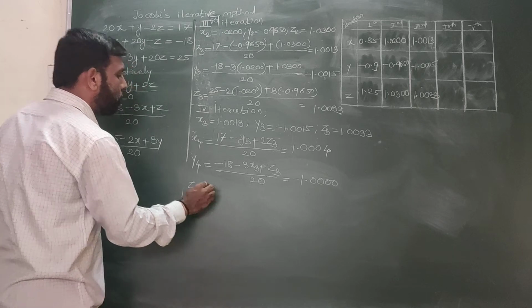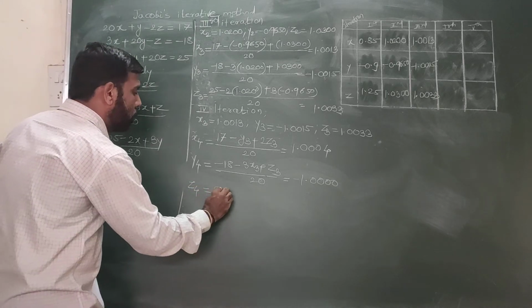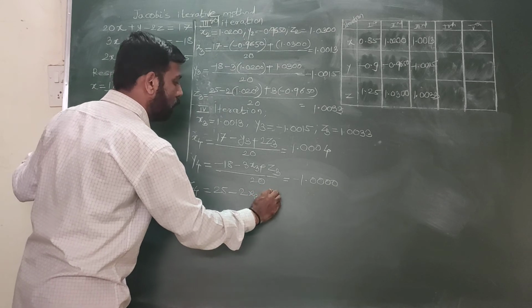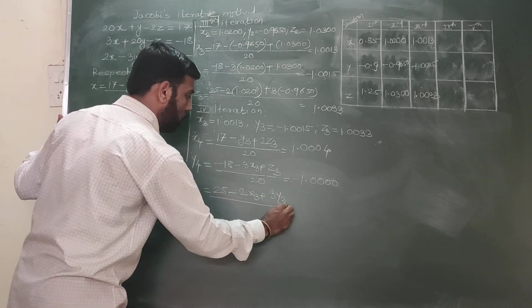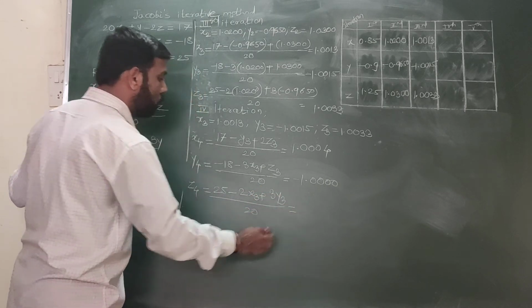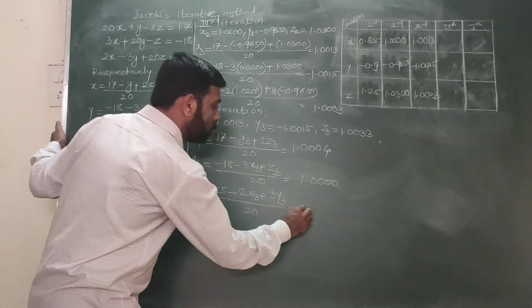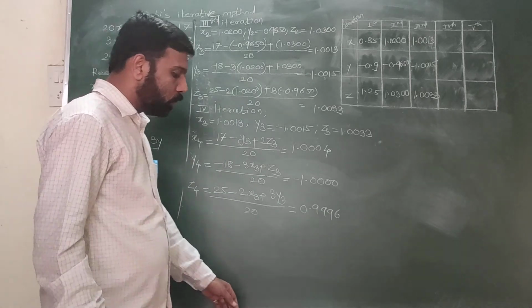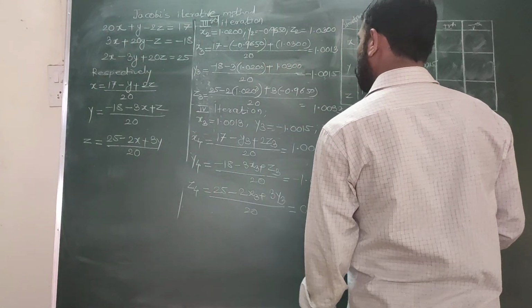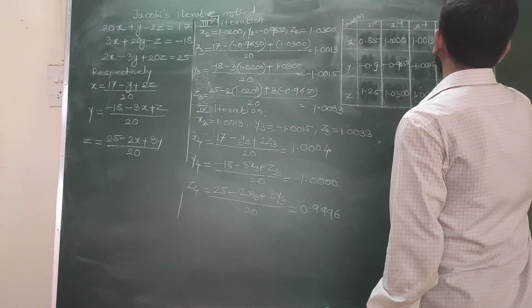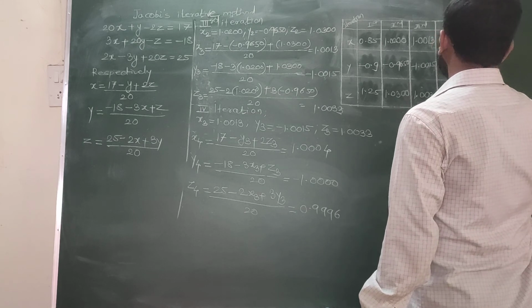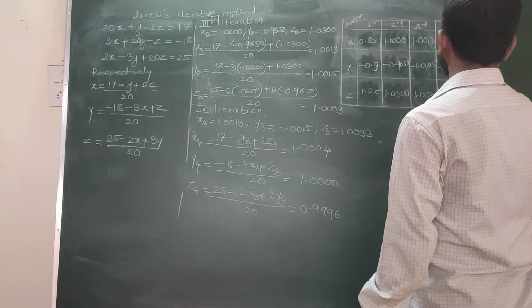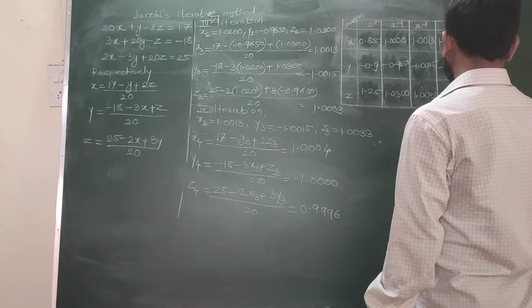Then the fourth approximation for z: 25 minus 2x3 plus 3y3 upon 20, and the output of this is 0.00096. So these values are 1.0, minus 1.0.